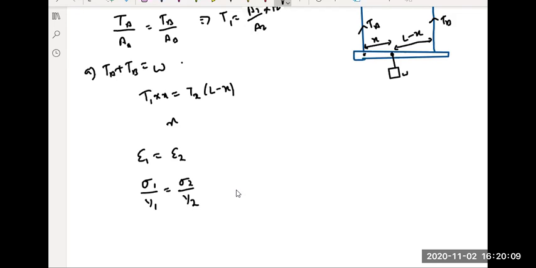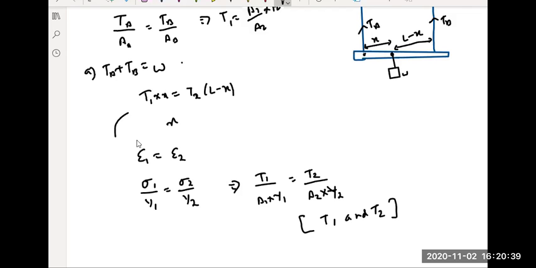Yes, Abhiram. Which is T1 by A1 into Y1 is equal to T2 by A2 into Y2. In this case, A1, A2, Y1, Y2 are given, so we will put them in and find the relationship between T1 and T2, and then again use this relationship.